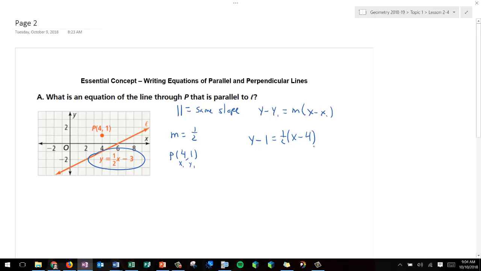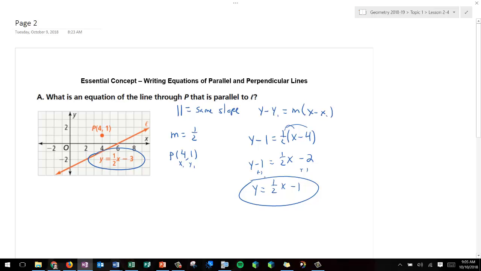At this point, you can leave it like that, or you can write it into slope-intercept form. Be careful to read the directions on what they're asking. If we put this into slope-intercept form, I would have y minus 1 equals 1/2 x minus 2. I'm going to multiply this 1/2 to both, and then I'm going to add 1 across. So I'd have y equals 1/2 x minus 1.